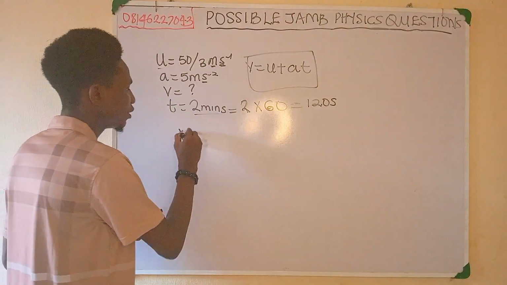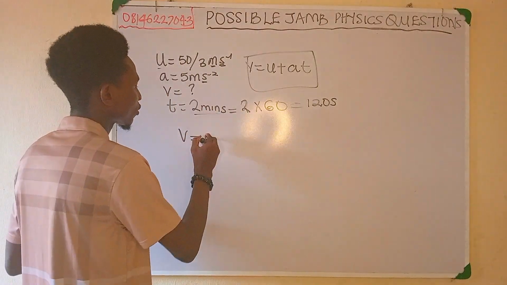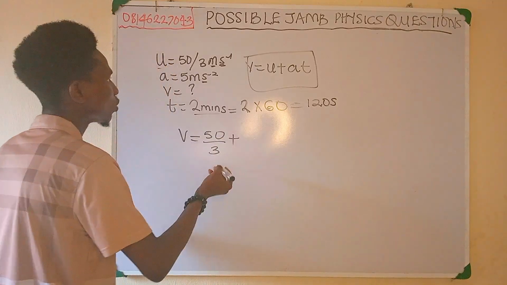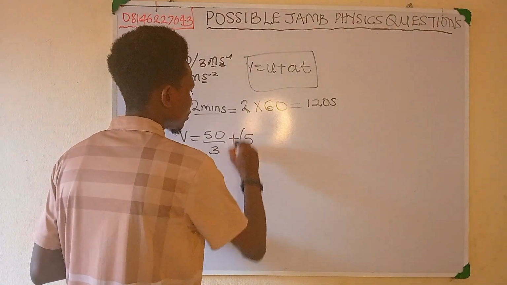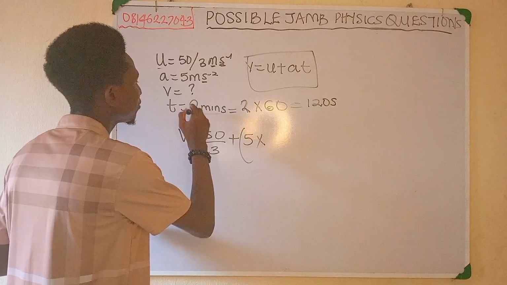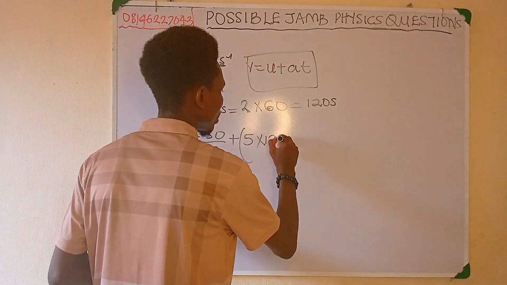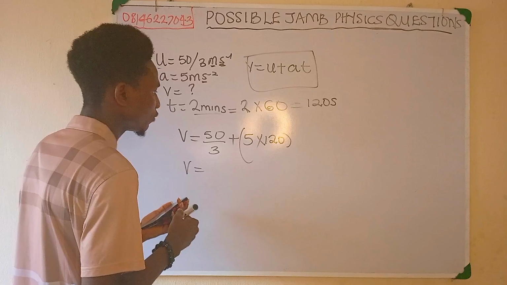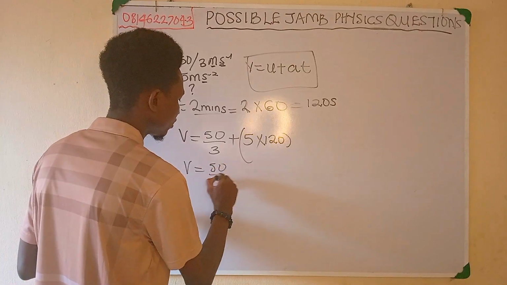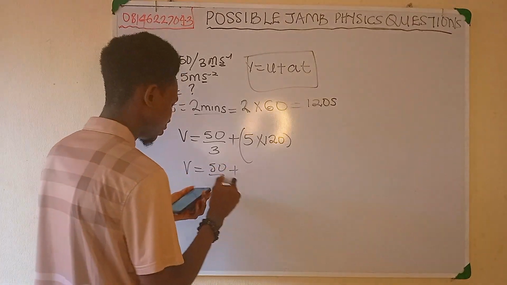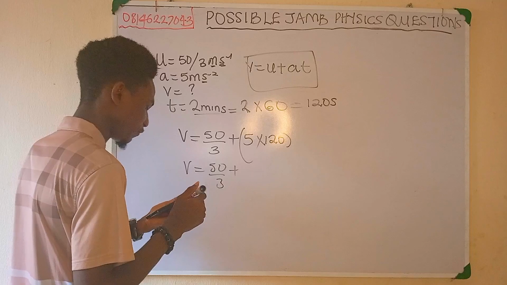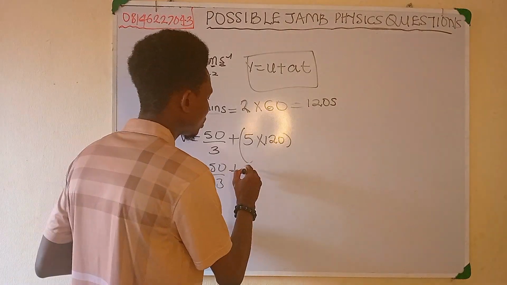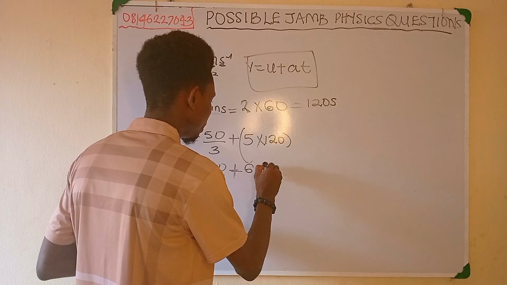So let's quickly solve the question. I'm going to get v equals u, which is 50 over 3, plus a, which is 5, times time, which is 120. So v equals 50 divided by 3 plus... okay, I don't think the options were left in fraction form, so we are going to simplify that. 5 times 120 is 600.